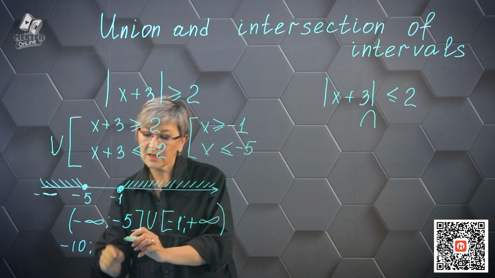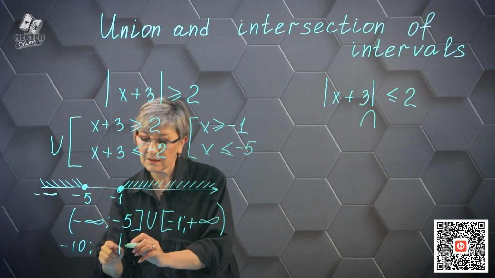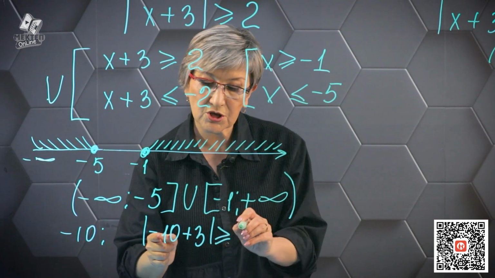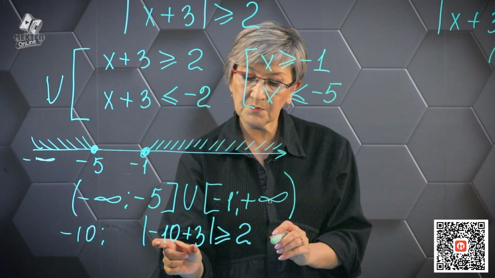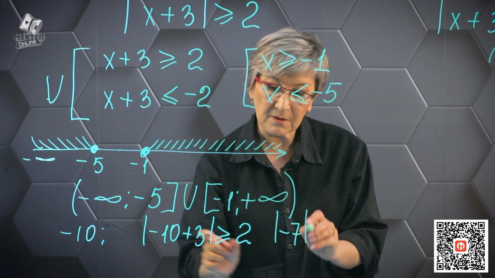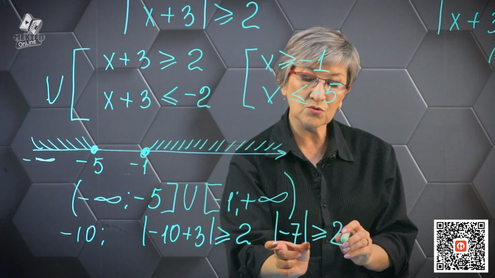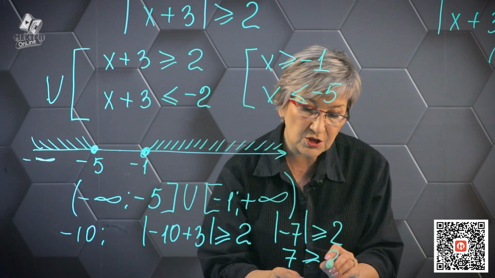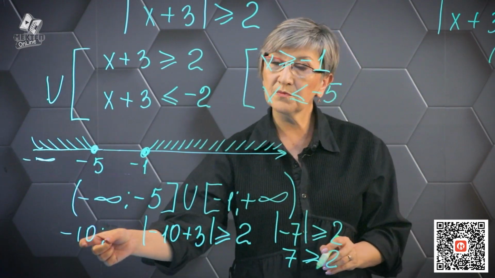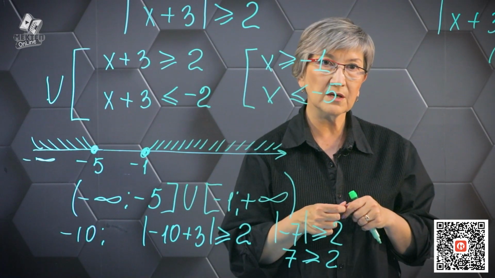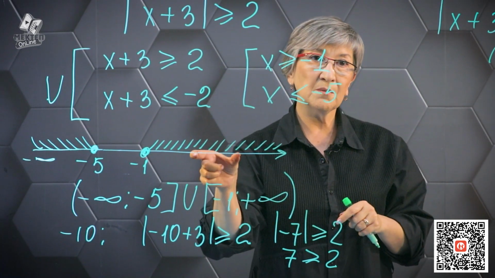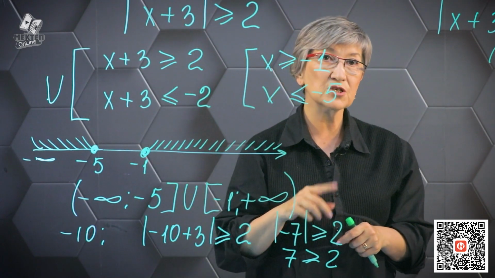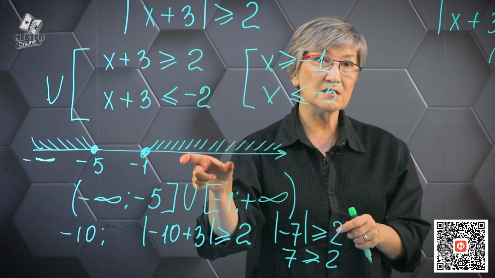In our original inequality, instead of the variable x, I substitute minus 10. Minus 10 plus 3 must be greater than or equal to 2. Minus 10 plus 3 is minus 7. But modulo the number minus 7 is just the number 7, and it is greater than 2. As a result, the number minus 10 is the solution to our inequality. In the same way, I can choose any number from minus 1 to plus infinity and substitute it into our inequality. You can check this for yourself.